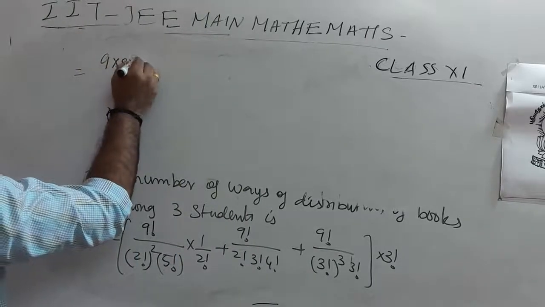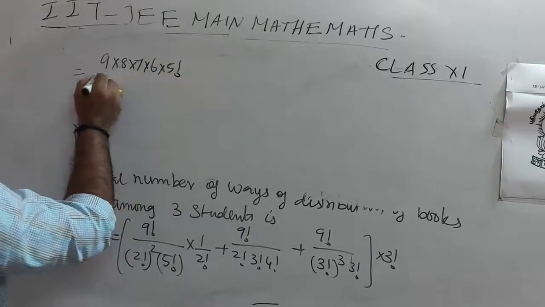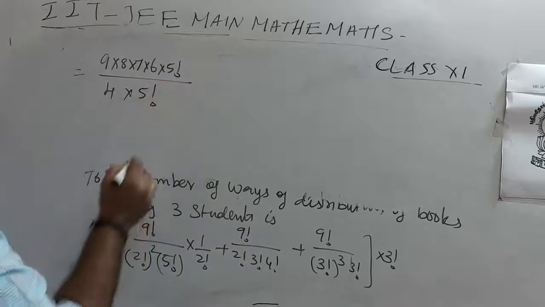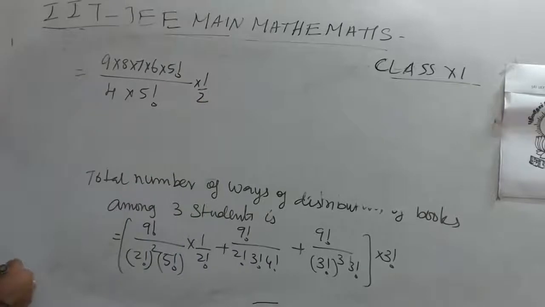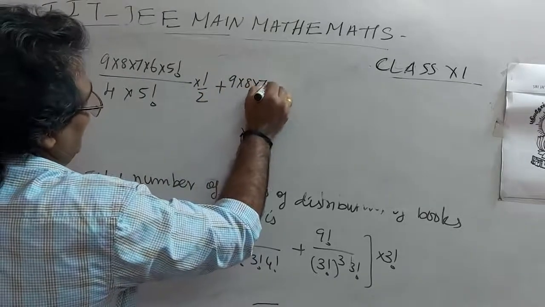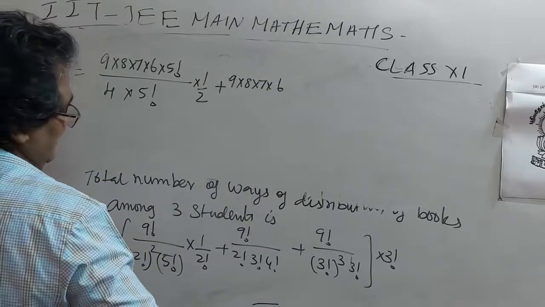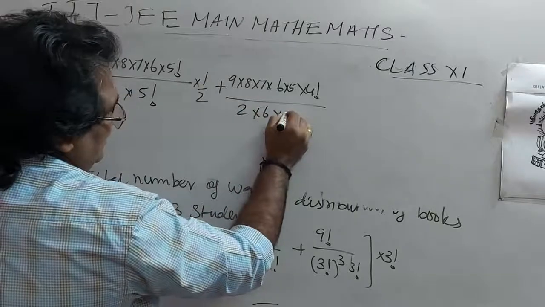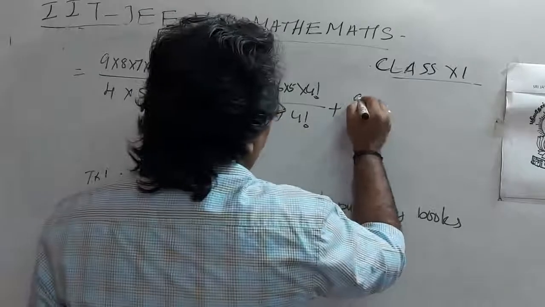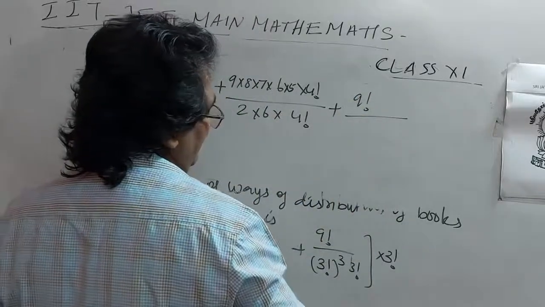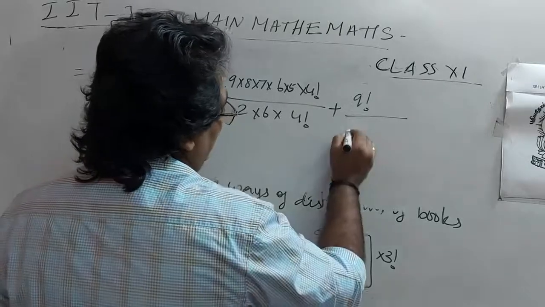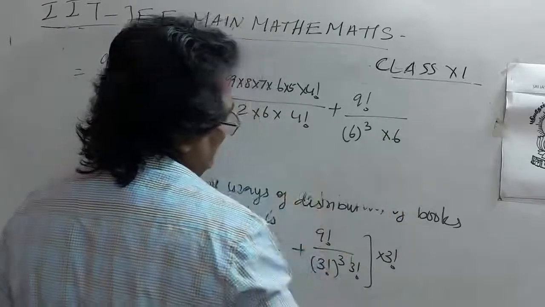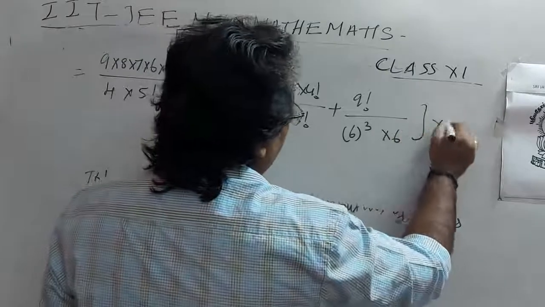Nine into 8 into 7 into 6 into 5 factorial divided by 2 squared, 4, into 5 factorial into 1 by 2, plus 9 into 8 into 7 into 5 into 4 factorial divided by 2 into 6 into 4 factorial, plus 9 factorial by 6 into 6 cube into 3 factorial, that is 6 into 3 factorial 6.